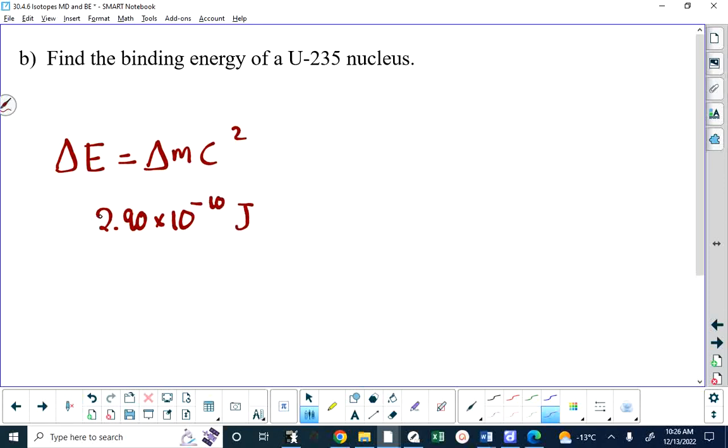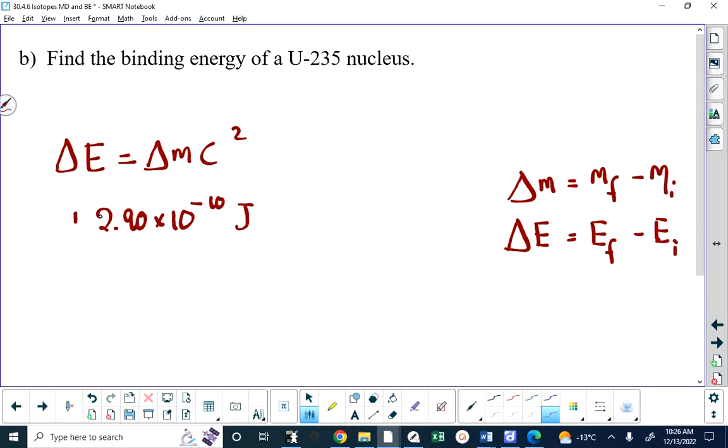Very quick point here. Delta is final minus initial. I didn't draw your attention to that before, but that's what we were doing. We were taking the final mass after it's separated minus the initial, which means that this delta E that we're finding is a final energy in the system minus the initial energy in the system, and we get a positive number.